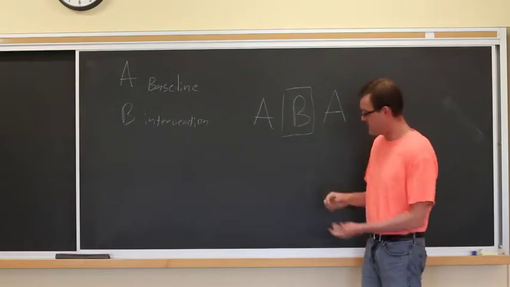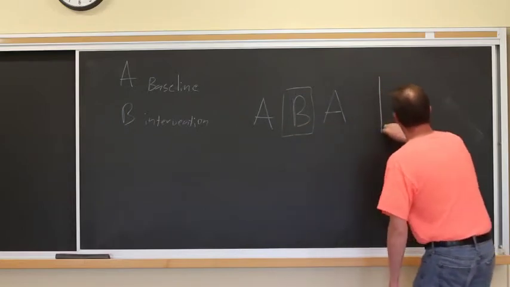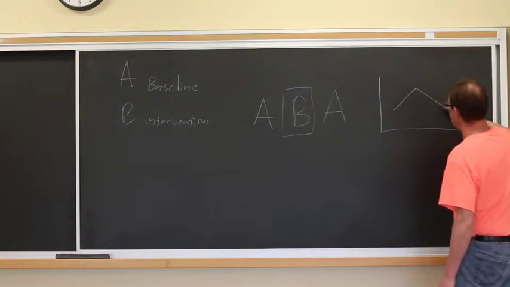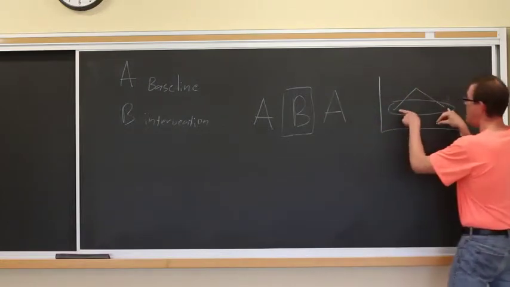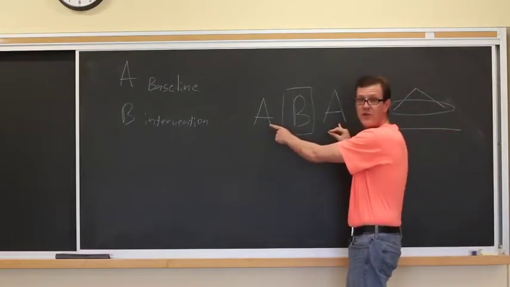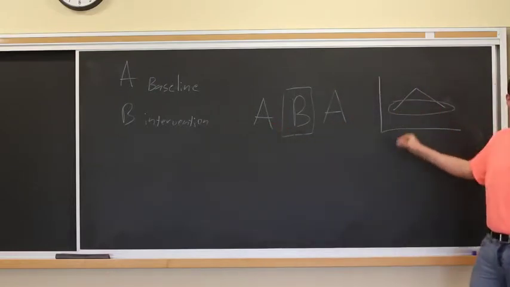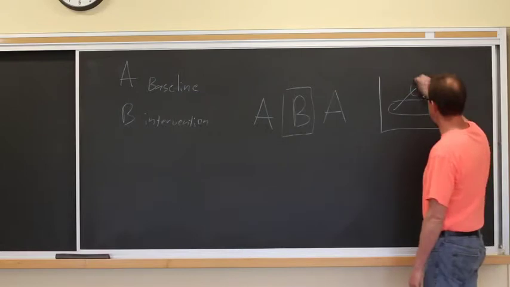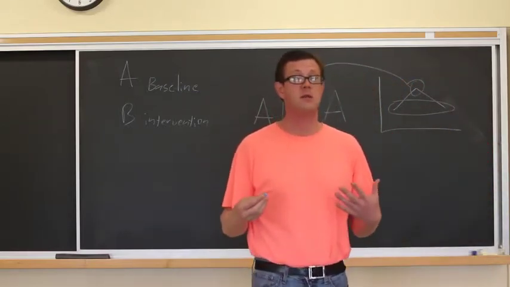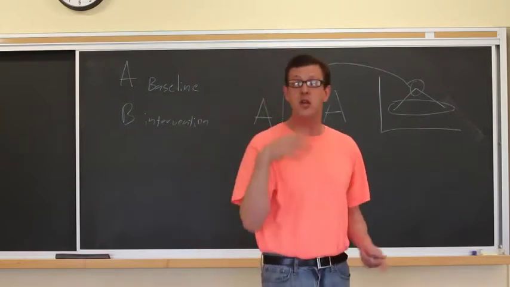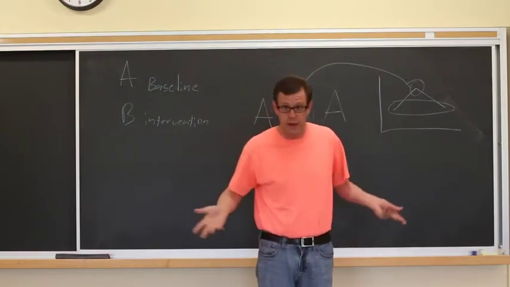But let's say we're plotting performance, and if we see performance do something like this, this would suggest that the intervention is really cool, because at the times that we measure without the intervention, we're observing the same type of data, and only with the intervention do we see the change. So that would allow us to make much stronger claims about the intervention as opposed to anything else really playing a major factor.